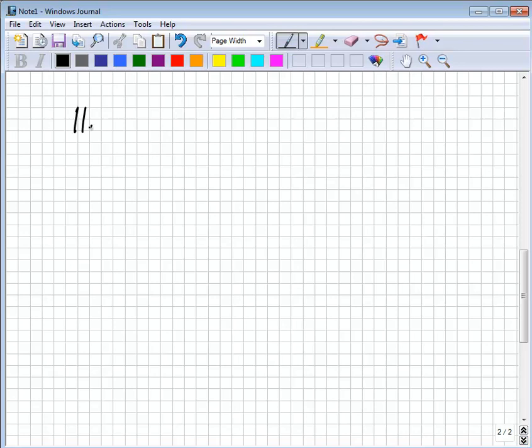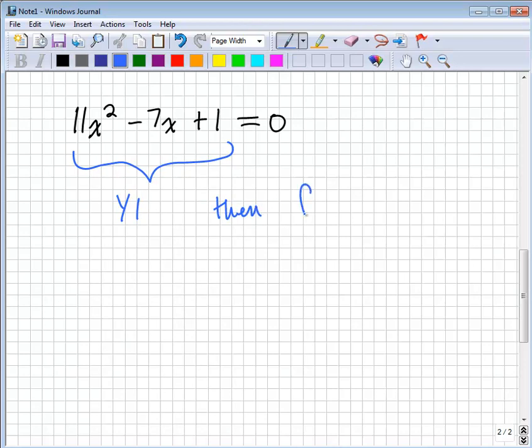It's 11x squared minus 7x plus 1 equals 0. And so in this case, we're just going to graph this as y1, then find the x-intercepts, or the zeros.